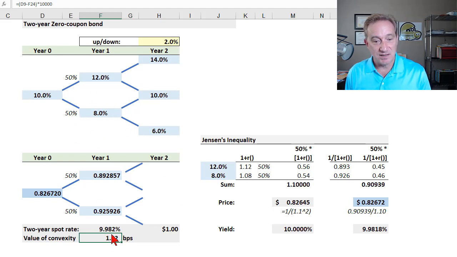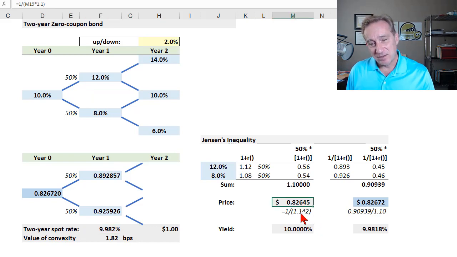what's the idea? The idea is that you might expect to pay $826.45 and lock in an expectation of a 10% yield. After all, 10% in the middle here.